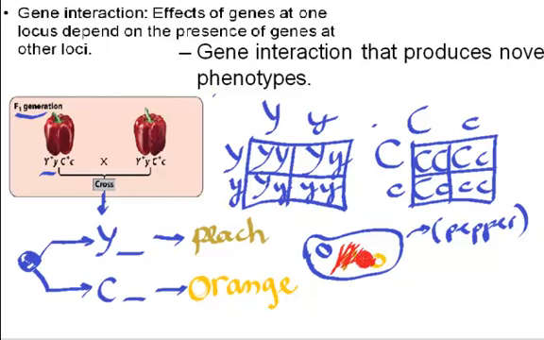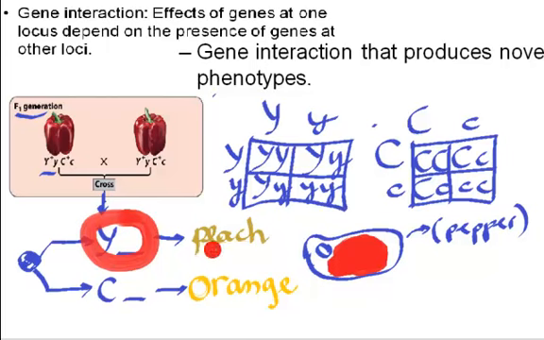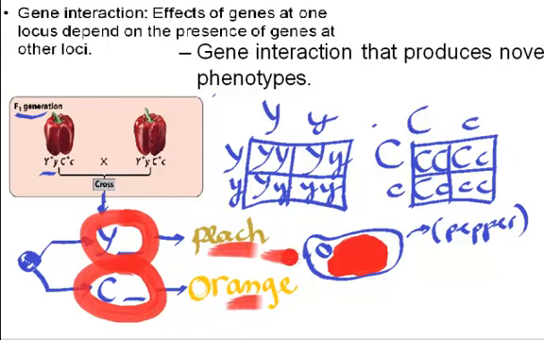So here we are mixing inside this palette this peach and this orange color, and we are getting a red color. So this will tell you that when this pathway here is at its dominant form, we get the peach, and when this here is at its dominant form, we get the orange, and when they are both expressed together, you get red.